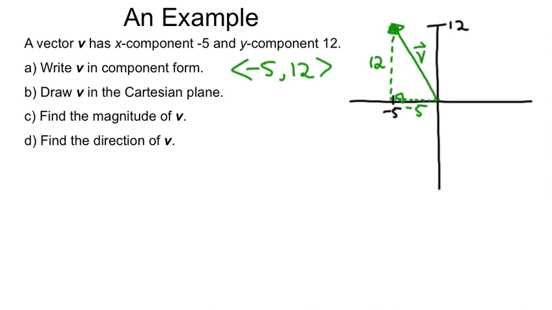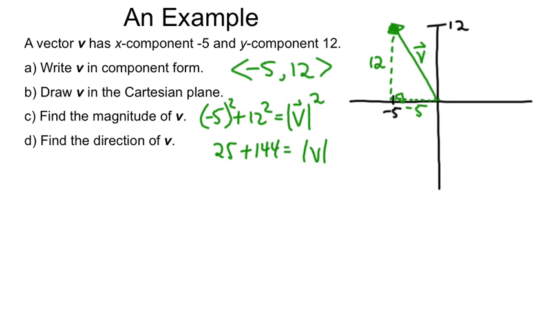And so to find the solution to this, I can say, okay, negative 5 squared plus 12 squared equals the magnitude of vector v squared. So I get 25 plus 144 is going to be the magnitude of v squared. So 169 is the magnitude of v squared.